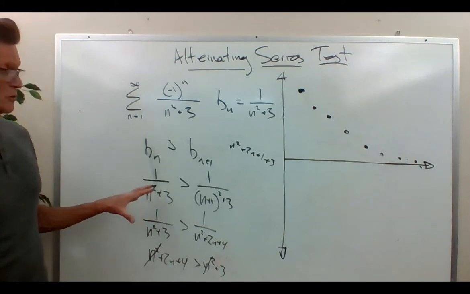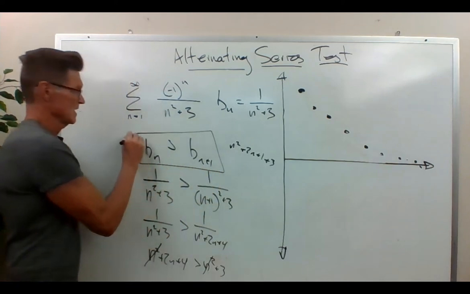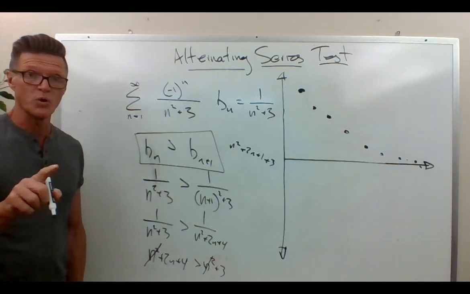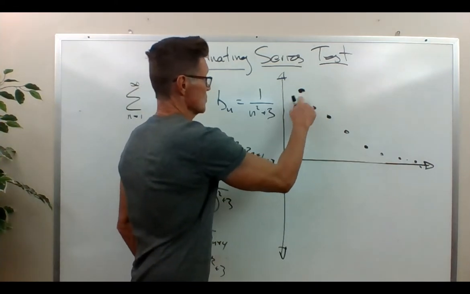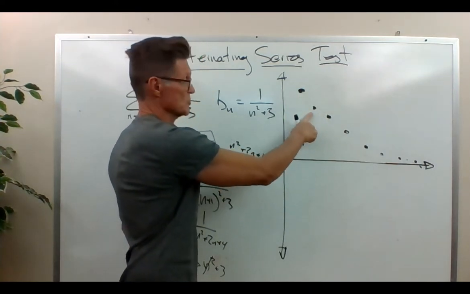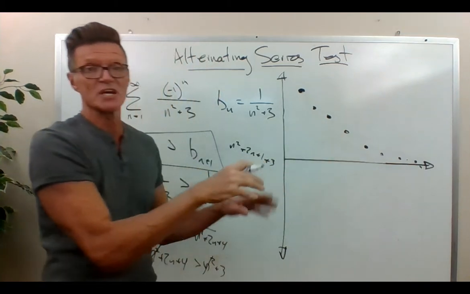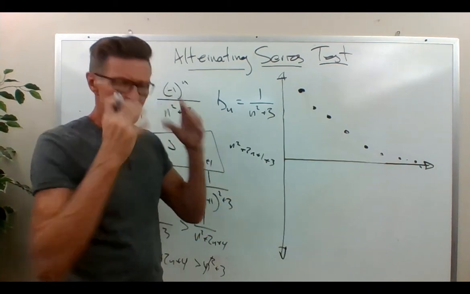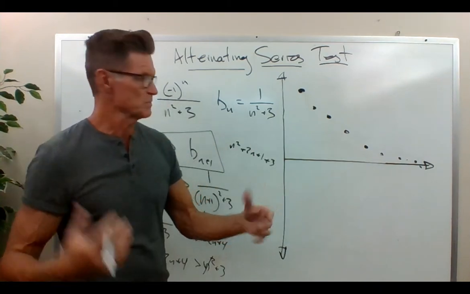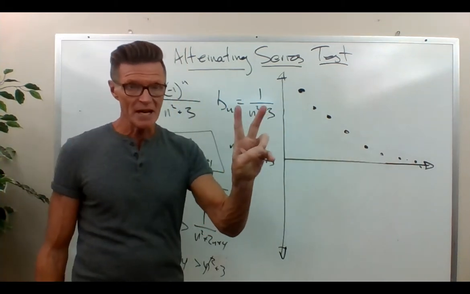So this is true. What we've shown here is that b sub n is greater than b sub n plus 1. That means that this term is going to be greater than this term, which is greater than this term. So each successive term is getting smaller and smaller and smaller. That's what we want to show. And that should make some intuitive sense, because in order for this to converge, two things need to be happening.